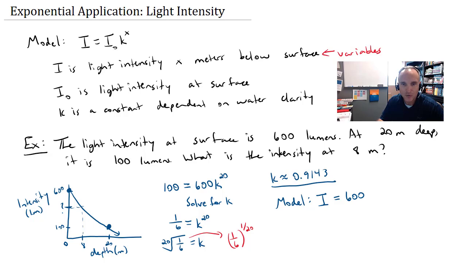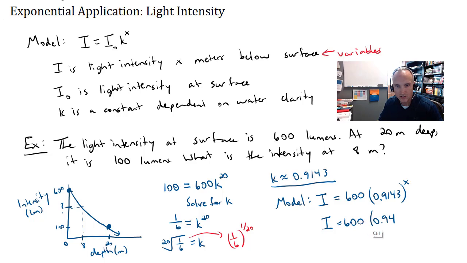Times the k value we found, which was about 0.9143, to the variable of x, where x is the depth in meters. So now we can answer the question because we have a relationship between the intensity and the depth with the constants filled in. We want the intensity at 8 meters, so we're simply going to plug in 8 for our x value.